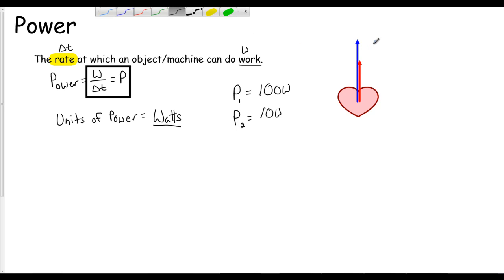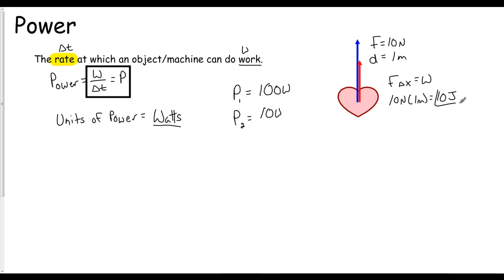Let's say my force equals 10 newtons, and my displacement equals 1 meter. The work done, F delta x equals work, so the force is 10 newtons times 1 meter, which gives me 10 joules of work.